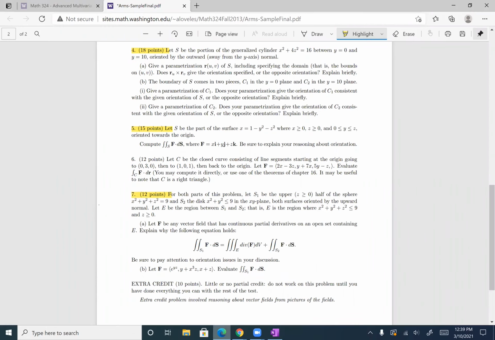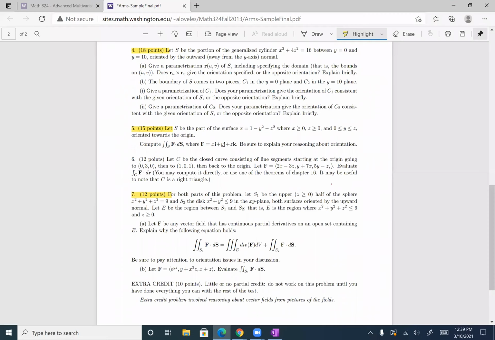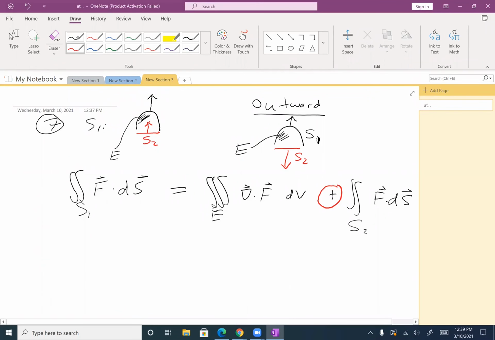Okay, now what's important is we need to label these regions. So S1. Okay, and the key point that might trick you is that there's a plus sign here. The origin of this plus sign is this silly orientation of upwards.